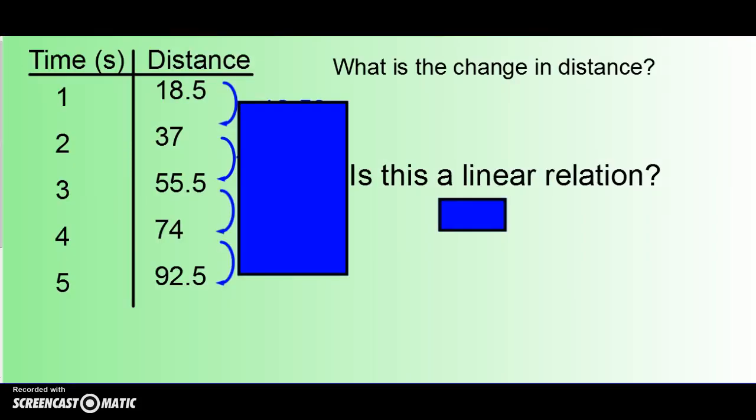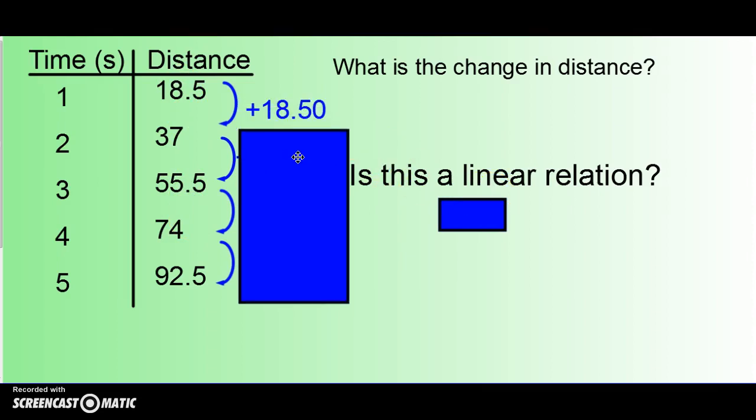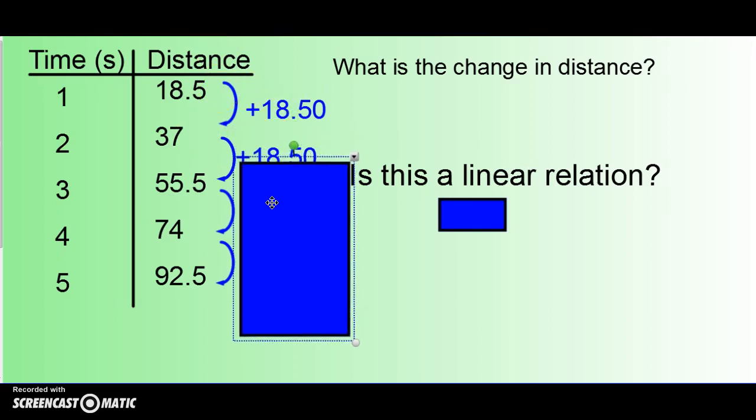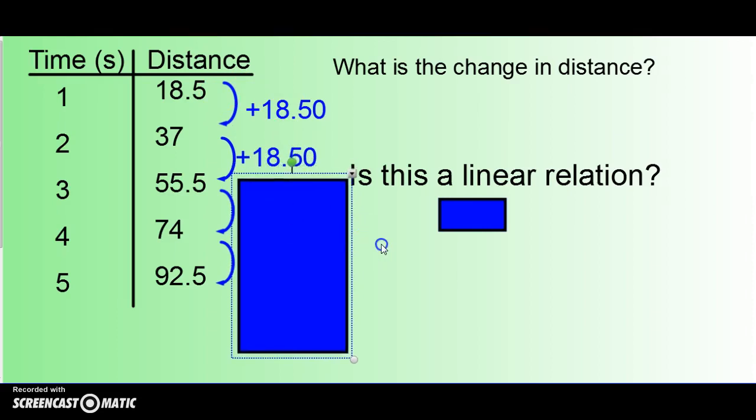All right, first example, what is the change in distance? Notice that our x is second, and our distance is the y. To decide if it's linear, you would need to subtract the two consecutive y coordinates. So 37 minus 18.5 is 18.5. 55.5, if you subtract 37 from it, you get the same number again.